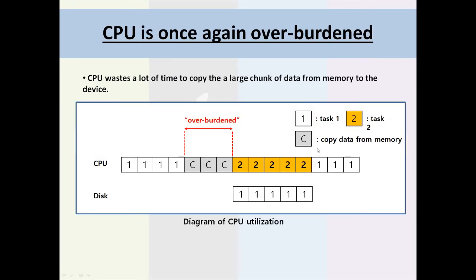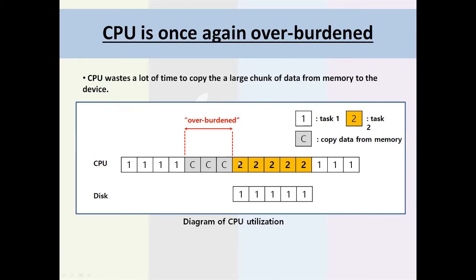Now, there's an additional case. Unfortunately, there's one other aspect of our canonical device protocol that requires our thinking. And that is in particular when we are using programmed I/O to transfer a large chunk of data to a device.